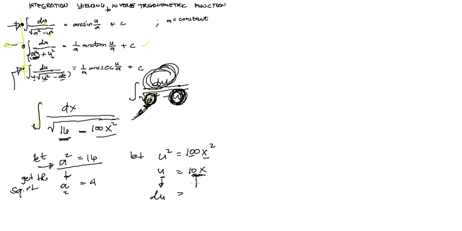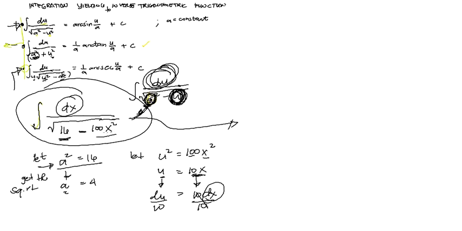Then it leads to 10 dx. But on our integrand, we only have dx, so we need to get the equivalent value, which is equal to du all over 10. And then by doing so, we can now rewrite our integrand by using the change of variables here.